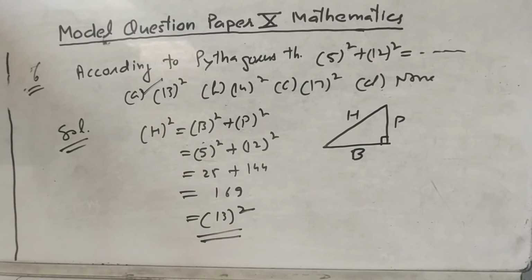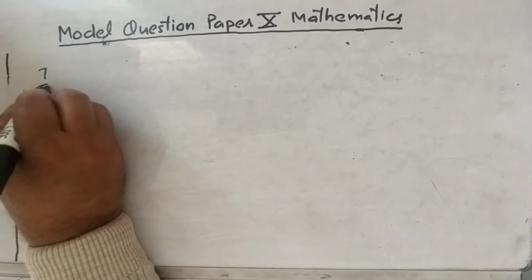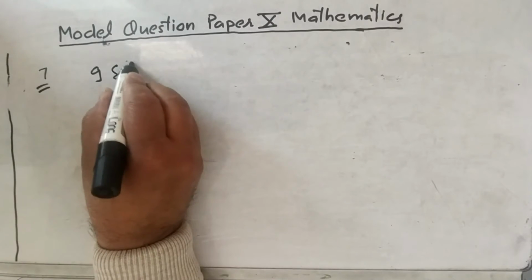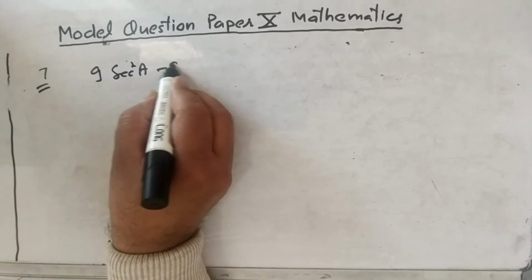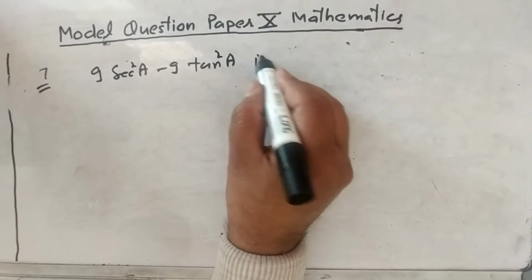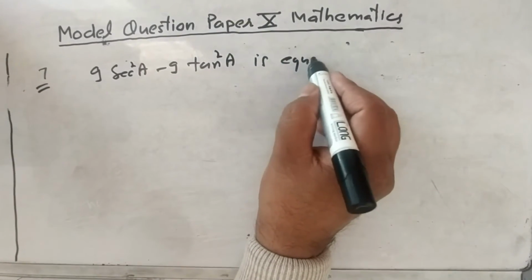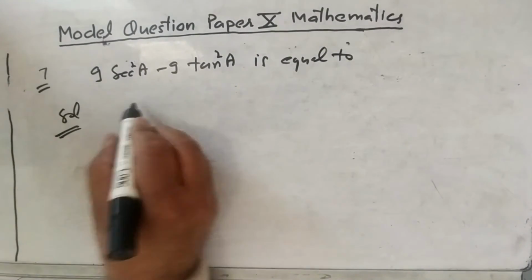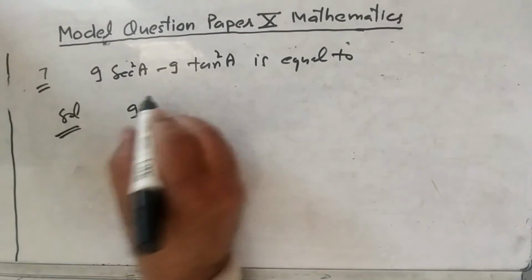I am coming to question number 7. He's saying 9 secant square A minus 9 tan square A is equal to, okay, so let us start. See, you take 9 common.